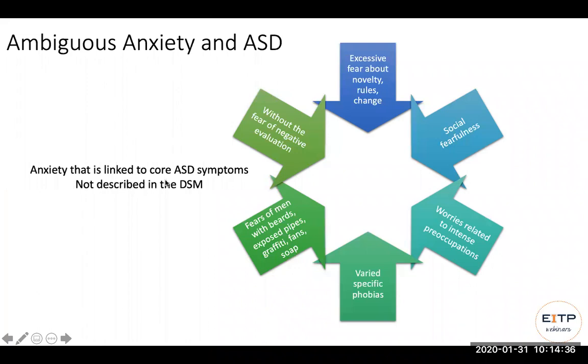Anxiety that is linked to the core autism symptoms. And so there's excessive fear. So these are the symptoms of autism, but with heightened anxiety. Excessive fear about rules and change, social fearfulness, worries related to intense preoccupations, specific phobias. These are some examples of fears.